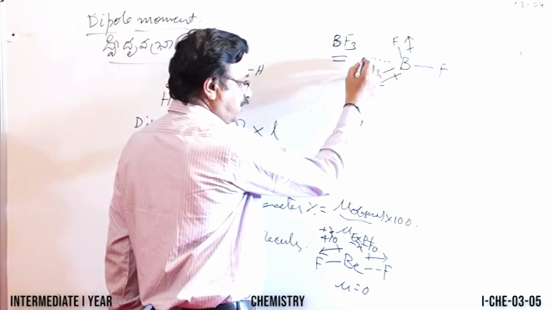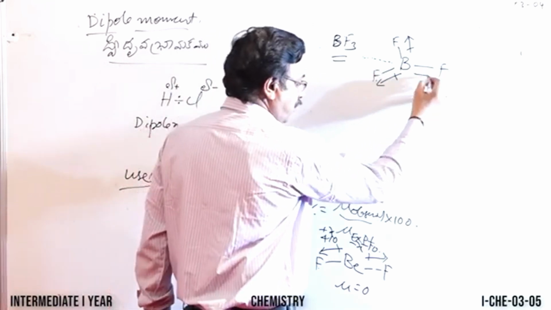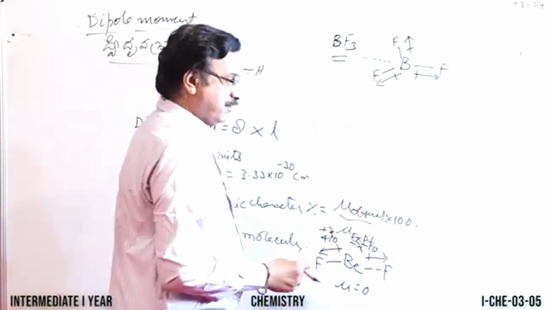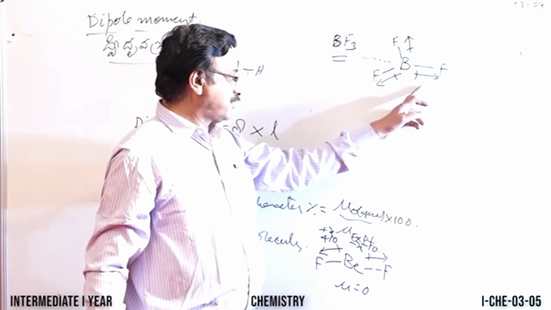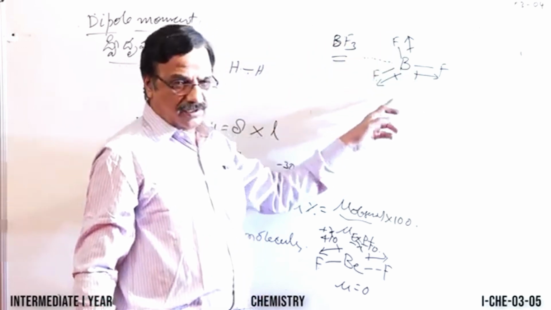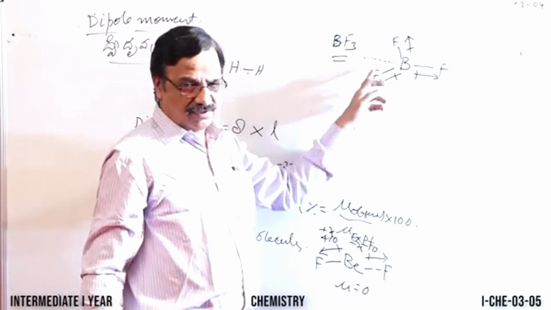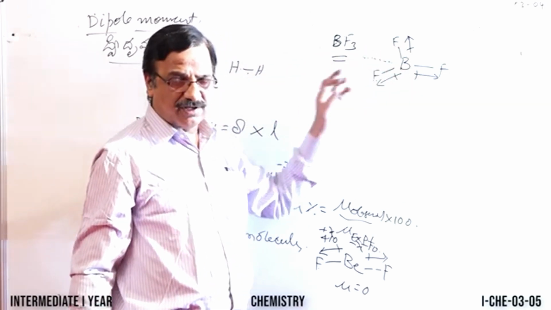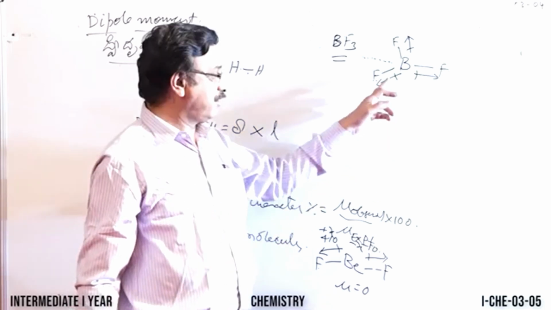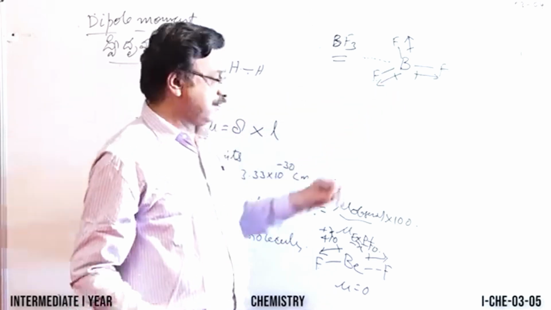This value is exactly equal to this one. It is possible when they are oriented in a triangular shape, trigonal planar shape. That's why the shape of the molecule is trigonal planar, right?